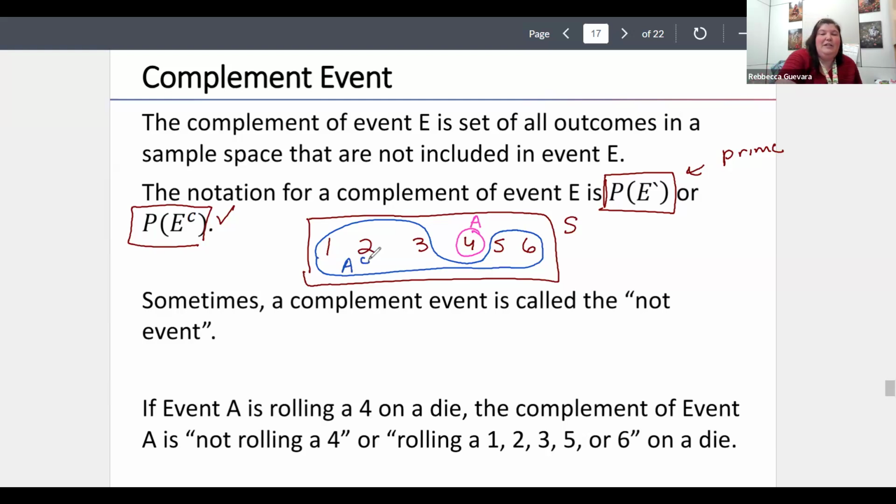So if event A is rolling a 4 on a dice, the complement of A is not rolling a 4, or rolling a 1, 2, 3, 5, or 6. The complement is anything else that could have happened. Sometimes you can think of this as your opposite event.